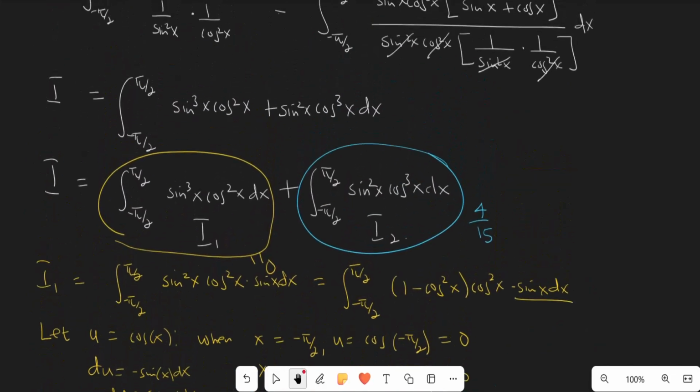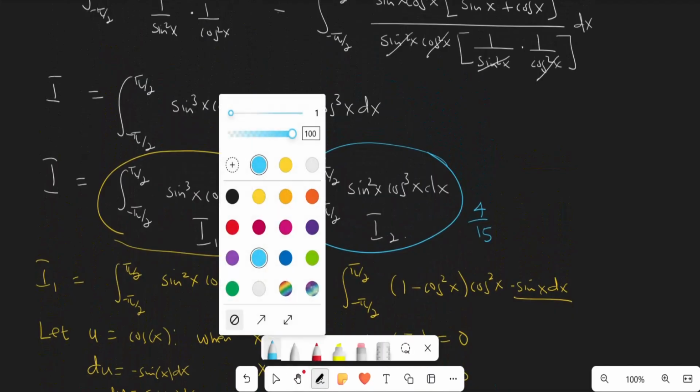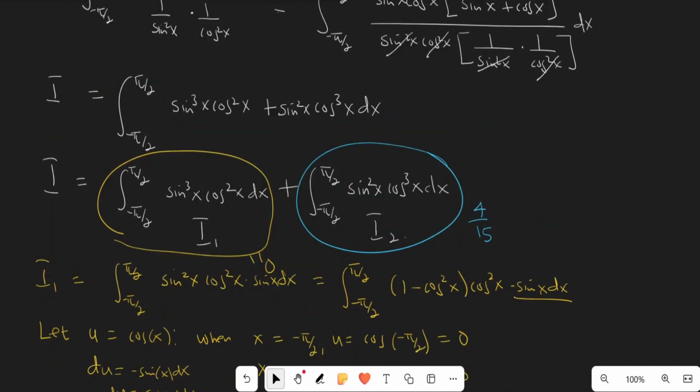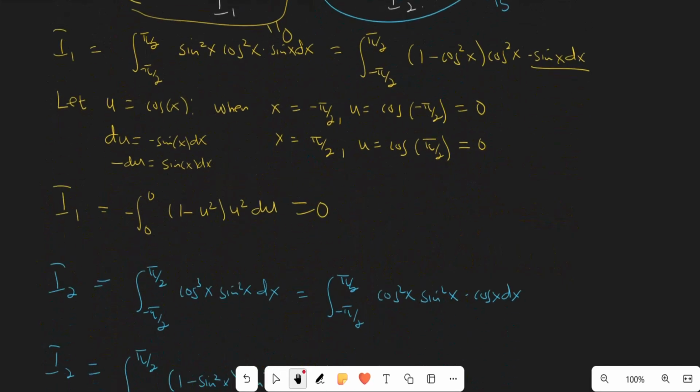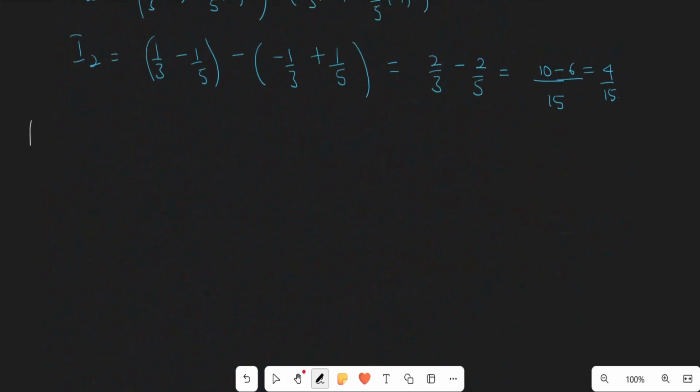So the integral is split into two integrals, I1 and I2. I1 is evaluating to 0 and I2 is evaluating to 4 over 15. So the answer to our integral is just the value of the second one. So I is I1 plus I2, and that is equal to 0 plus 4 over 15, and that equals 4 over 15.